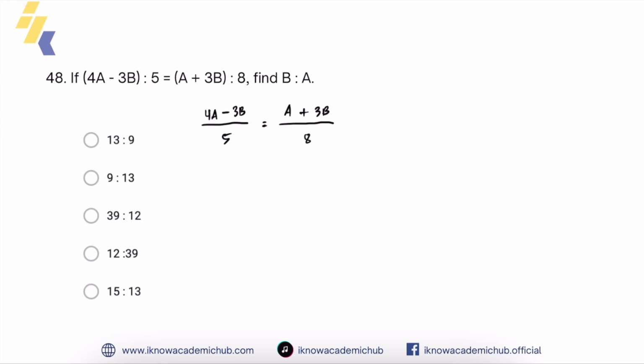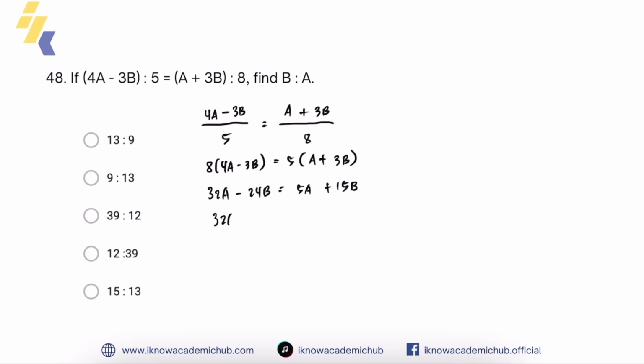And cross multiplying, we have 8 times 4a minus 3b equals 5 times a plus 3b. So 32a minus 24b equals 5a plus 15b, and we have to combine the similar terms or the like terms.